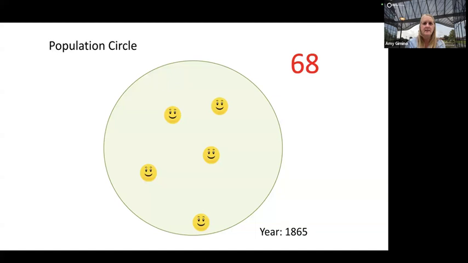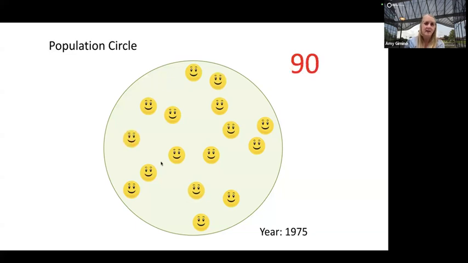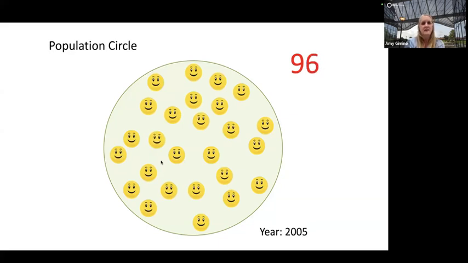66, 67, up to 73. Another 250 million. So we're at 1.5 billion people. 74, 75, and so on up to 99, and 100.